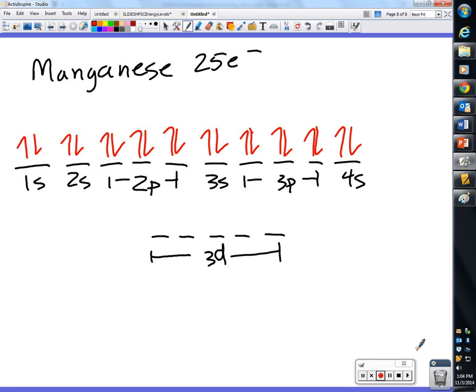Wait, hold on. How many do we have left? 5. How many 3d orbitals are there? How do they get distributed? 1 in each. All right. 1, 2, 3, 24, 25. Okay. This is on the test.